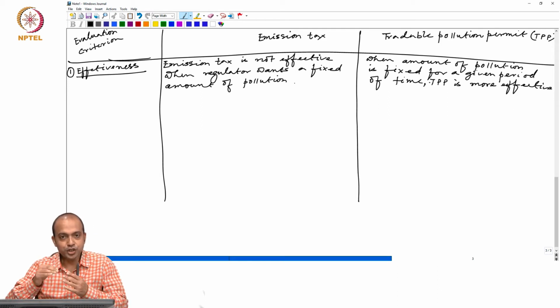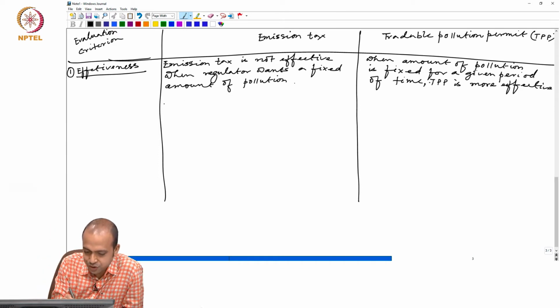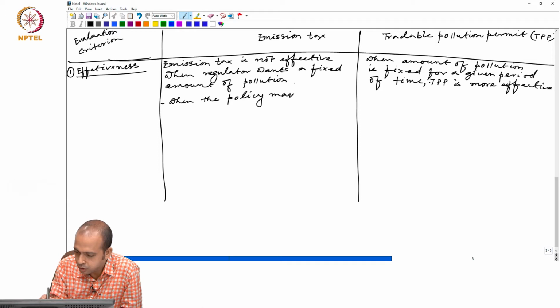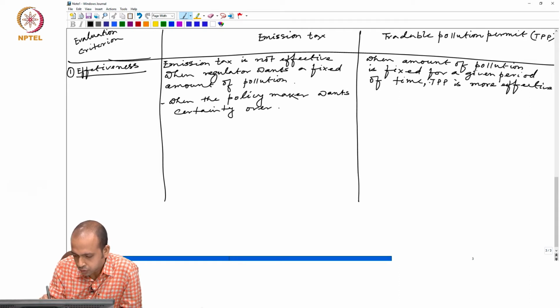So, when the policymaker wants certainty over control cost, or I would say marginal abatement cost, emission tax is more effective.